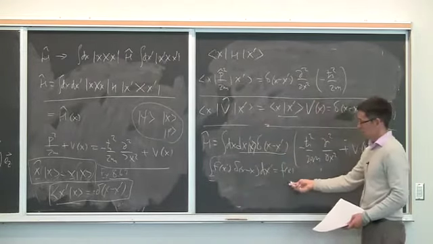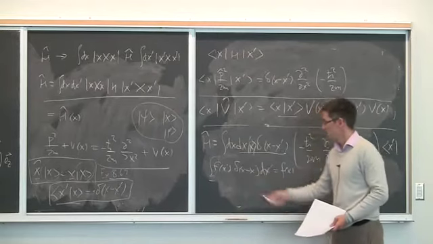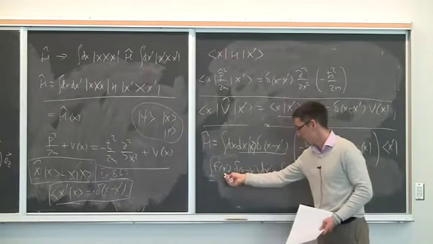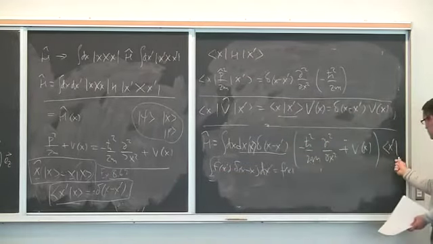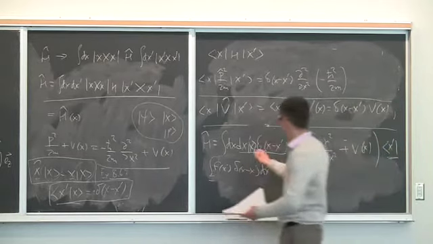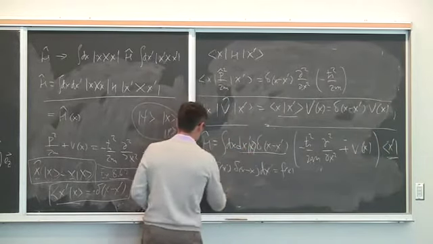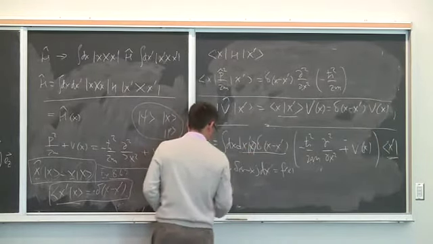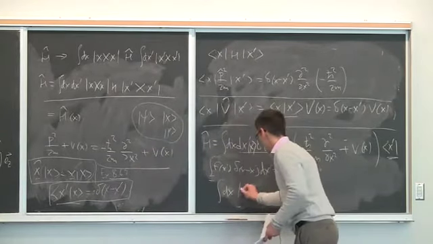This is what the delta function does when we integrate it with some function of a variable. So here the function is the bra part of x prime, and when we do this dx prime integration, we have only one integration left, dx.